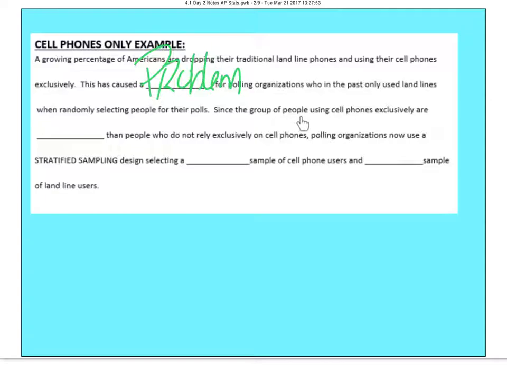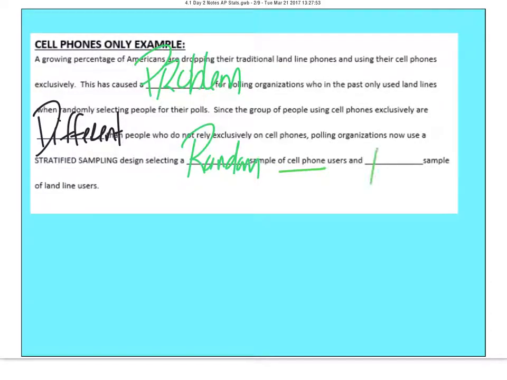But since the group of people using cell phones exclusively are different than those who rely on landlines, think about it: definitely the younger generation is very cell phone heavy. The older generation probably is more landline heavy. If you're 60 or 70 years old, maybe you're straying away from cell phones. Because of this, they may do a stratified sample, and they would select a random sample of cell phone users in addition to a random sample of landline users.